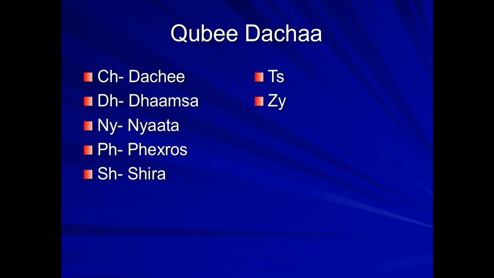The fourth one is pa. The fifth one is sha. On the right, the first one is tsa, and the last one is ja.